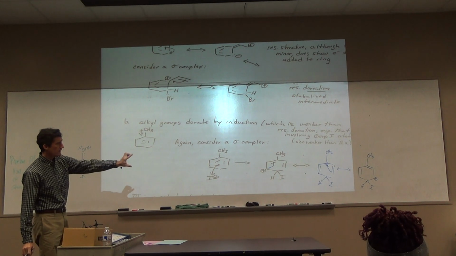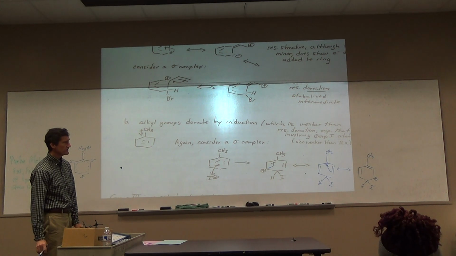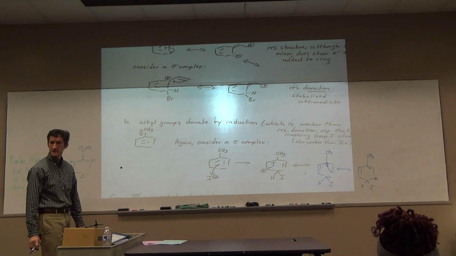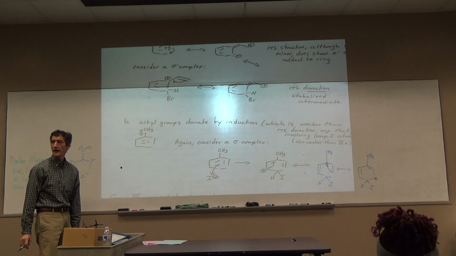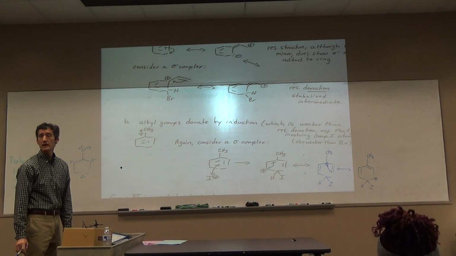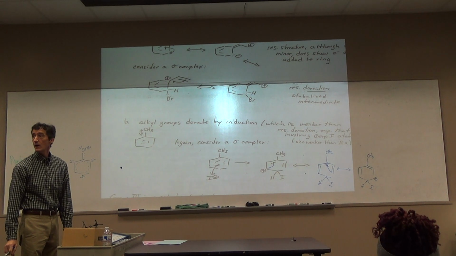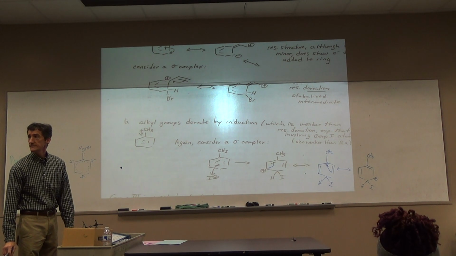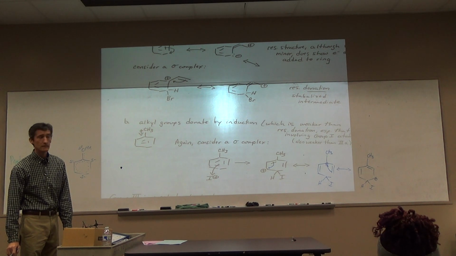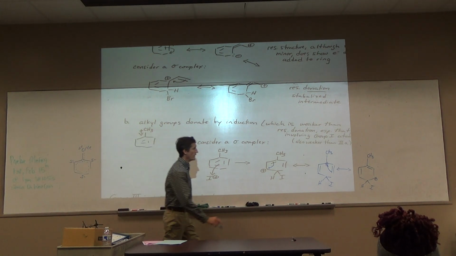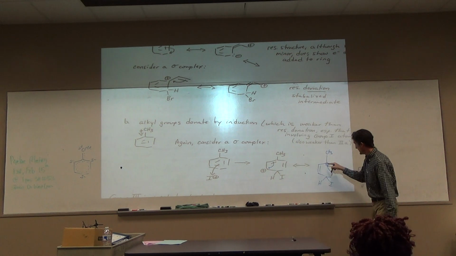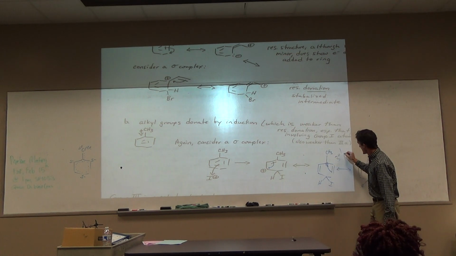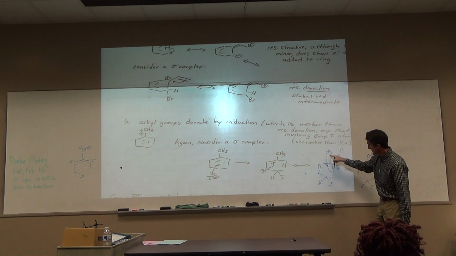Does the methyl group affect that? If we took the methyl off, would it be just the same, or is the presence of the methyl important? The presence of the methyl stabilizes that carbocation. Any particular structure help illustrate that best? The second one, right here. Tertiary.